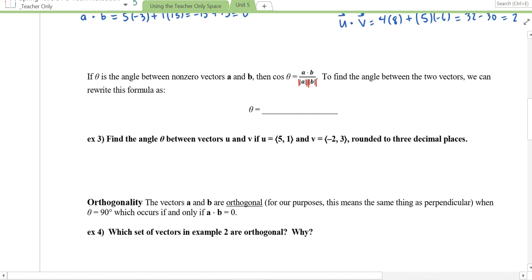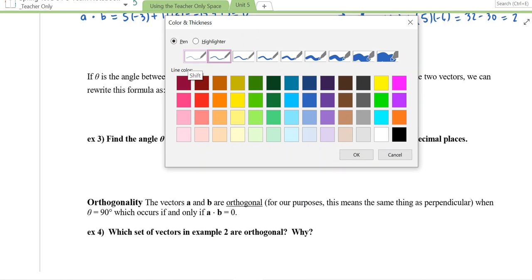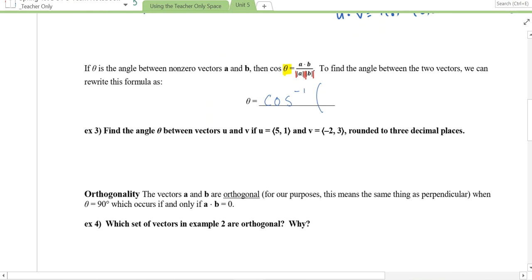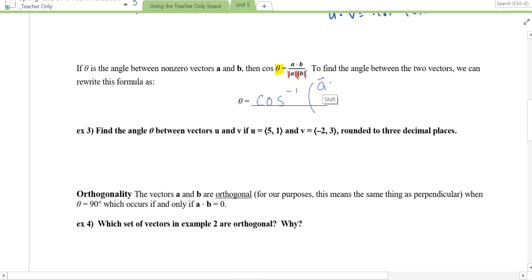So if we want to solve for this angle, remember how we solve for angles? We have to do the inverse of it. So to find that angle, we have to find the inverse cosine of that dot product divided by the magnitudes. Okay, that's going to be hard to see, so let me go up a little bit more. There we go.